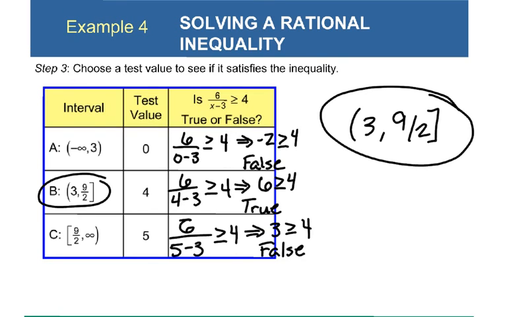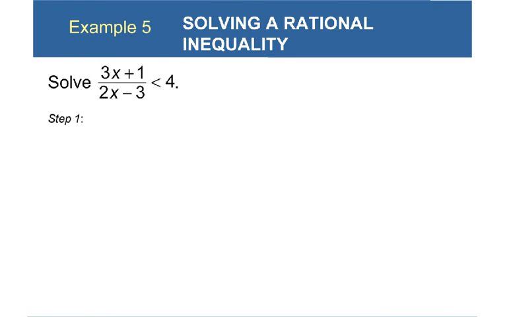So I'm going to go through these steps one more time with you in our last example here. Alright, so for this example, we start the same way. We are going to subtract that value of 4 from both sides of the inequality. And then we're going to combine those values by getting a common denominator.